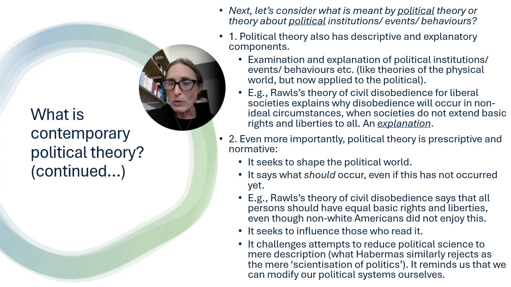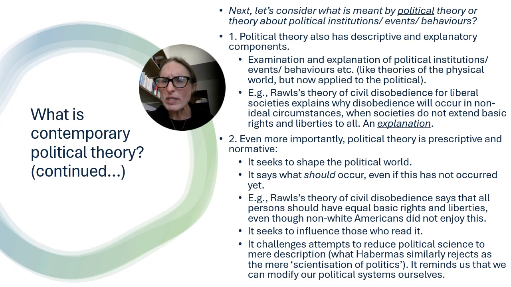So political theory also has descriptive and explanatory components. Political theory offers an examination and explanation of a type of political institutions, events and behaviours, just like theories of the physical world do of the natural objects and behaviours, but now applied to the political.